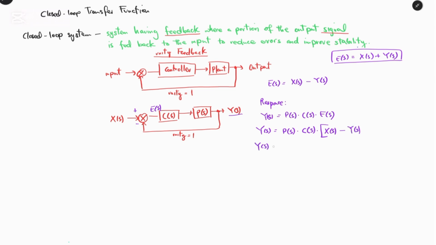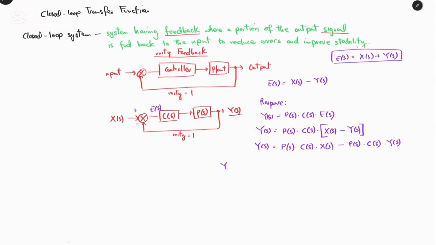So we can have Y of S equals, multiply anything outside the bracket with the one inside the bracket. We have P of S dot C of S dot X of S, and minus P of S dot C of S dot Y of S. So we bring this to the other side.